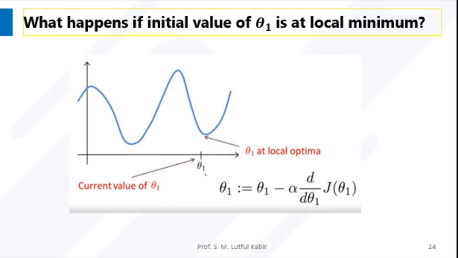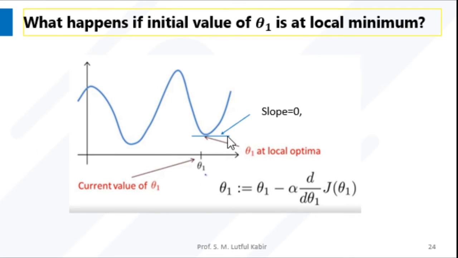Let us discuss what happens if the initial value of theta1 is at a local minimum. You see in this diagram, the variation of J with respect to theta1 is such that there are several minima, and we call them local minima. And if I initialize our program at the level where theta1 is a value which corresponds to a local minimum of the curve, what happens if I calculate the slope at that point?